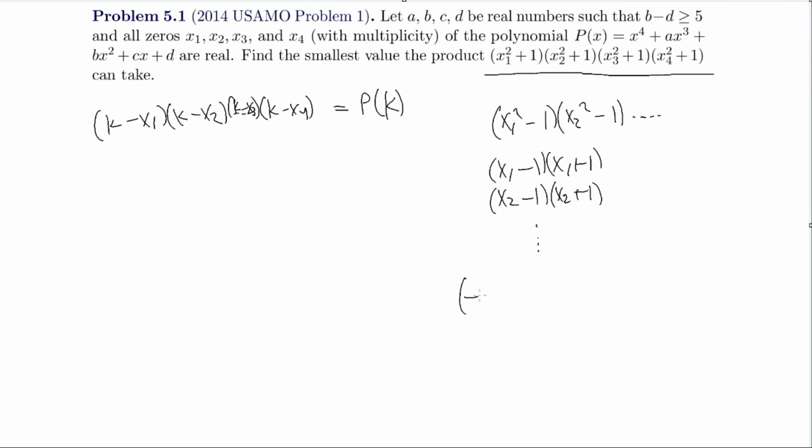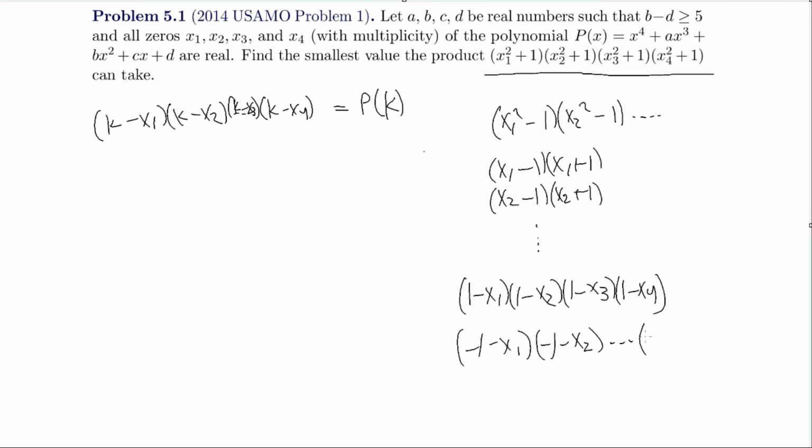And this is like (1 minus x1)(1 minus x2)(1 minus x3)(1 minus x4) times (negative 1 minus x1)(negative 1 minus x2)(negative 1 minus x3)(negative 1 minus x4). And this is p of 1 times p of negative 1. Now we want to find a similar factorization, but this time for x1 squared plus 1 instead of x1 squared minus 1.